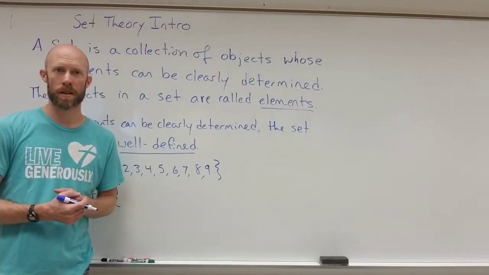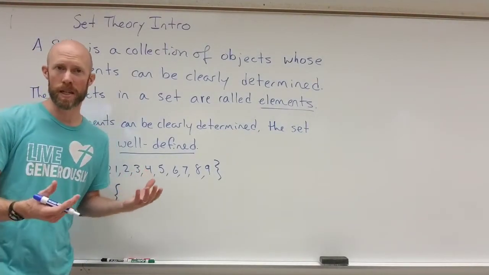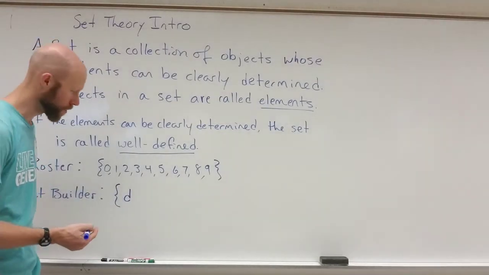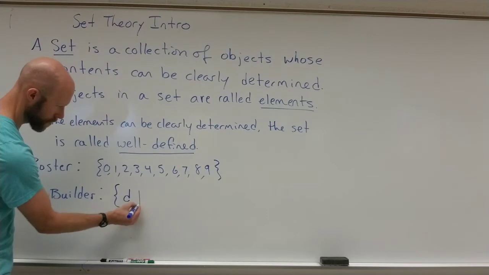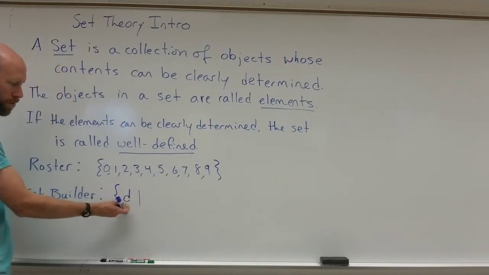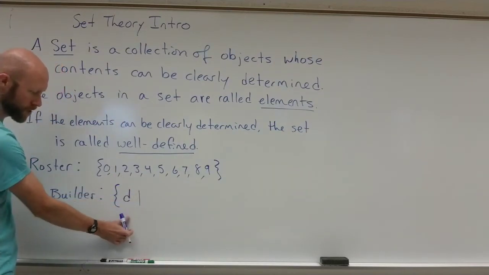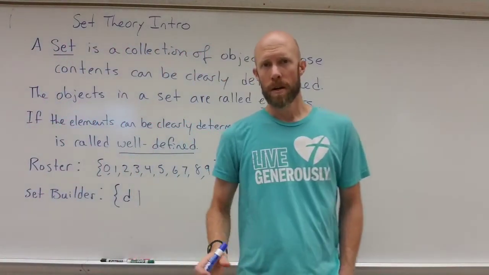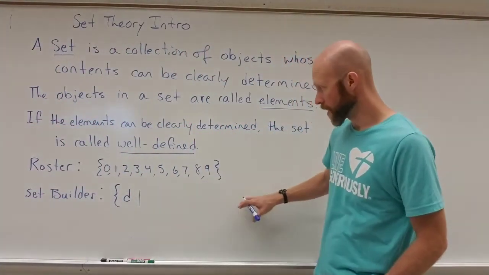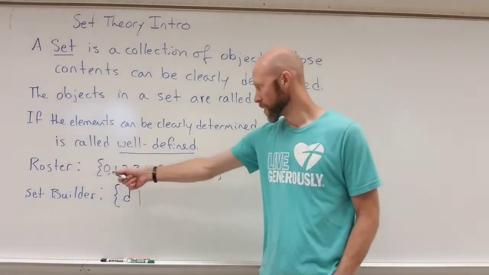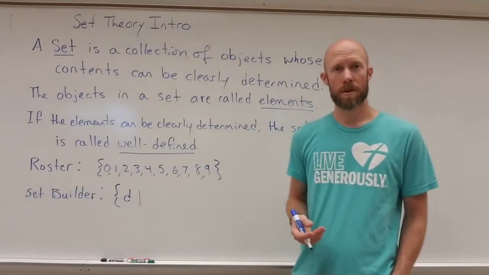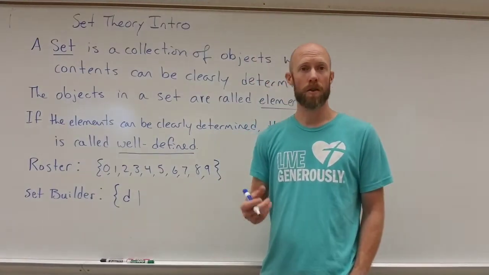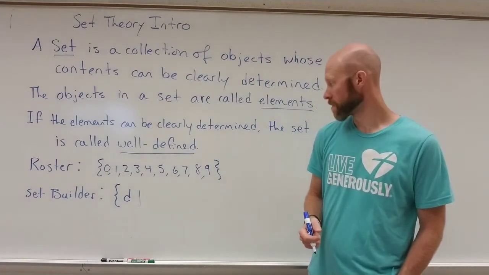Let's say digits, we use the letter D to symbolize digits, right? Then we separate with a vertical bar the symbol for the elements of the set from the actual description of the elements. The description of the elements here in this case would be, well, these are natural numbers. I'm sorry, no, they're whole numbers because they include the number 0. They're whole numbers less than 10.